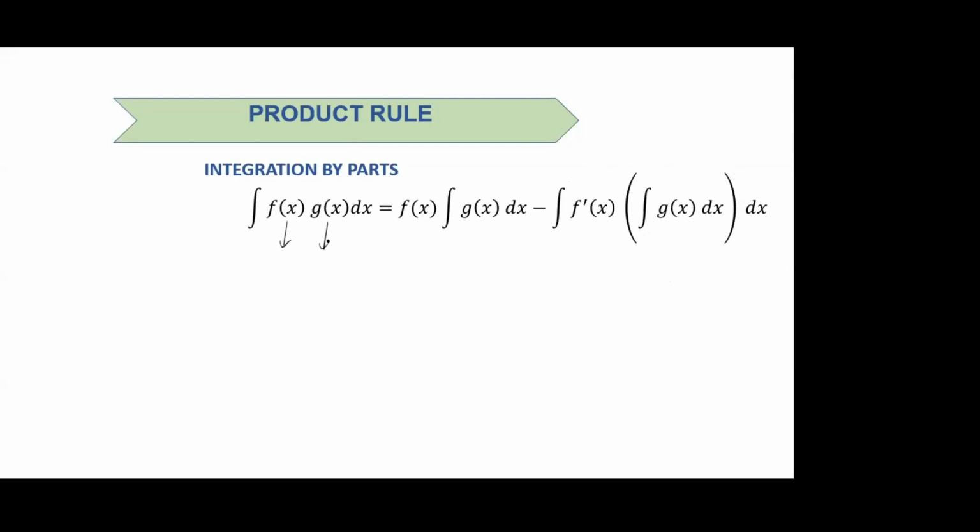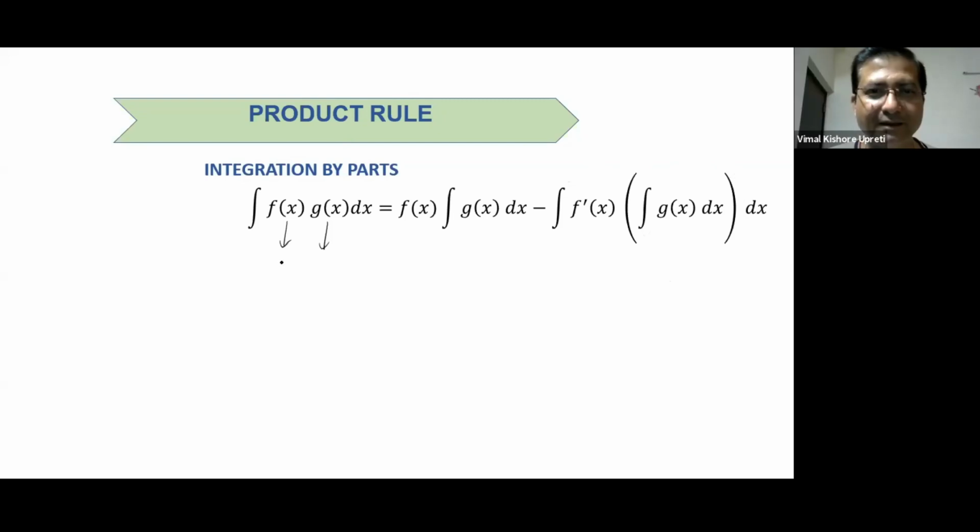Something is written here, something is written here. Let's take an example: x square into sin x. If I consider this as the first function and this as the second function, I'll write x square out, and then I'll integrate sin x.